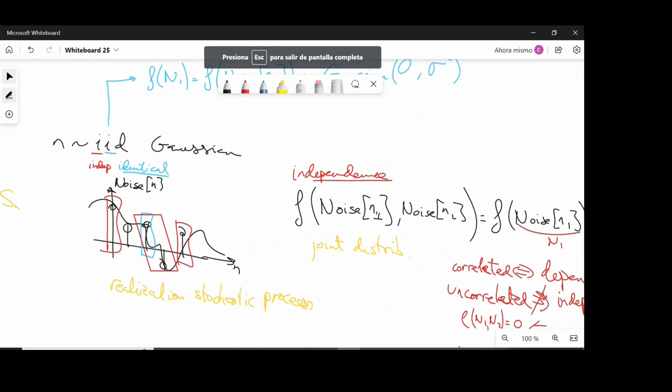If that doesn't happen, so the relationship here is different from this relationship because this happens earlier, then the signal is not stationary. Stationarity means the autocorrelation does not depend on time. It is not that at the beginning you have some autocorrelation and then you have a different autocorrelation. The autocorrelation is fixed all the time.